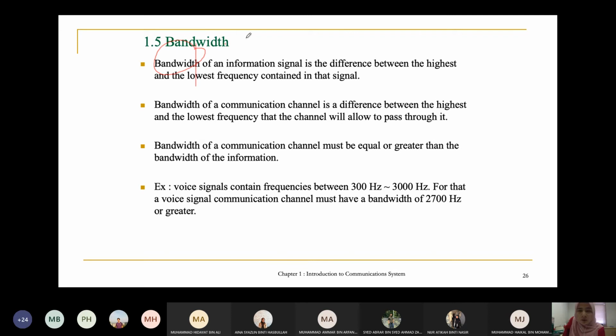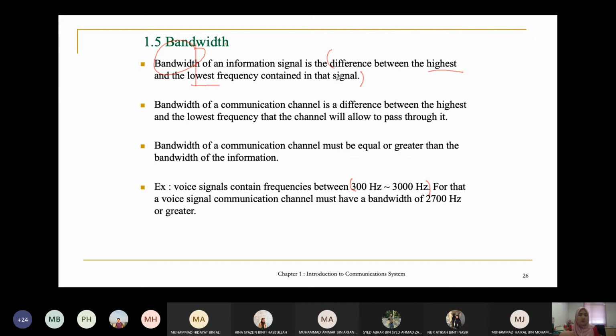Bandwidth is the difference between the highest and the lowest frequency contained in a signal. For example, you have a signal that ranges from 300 to 3000 hertz and you want to find the bandwidth. So the bandwidth is the difference.